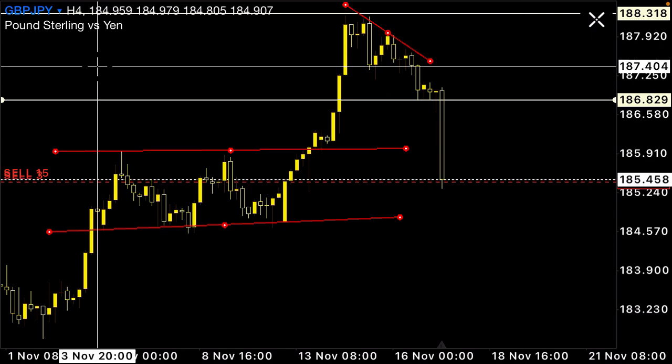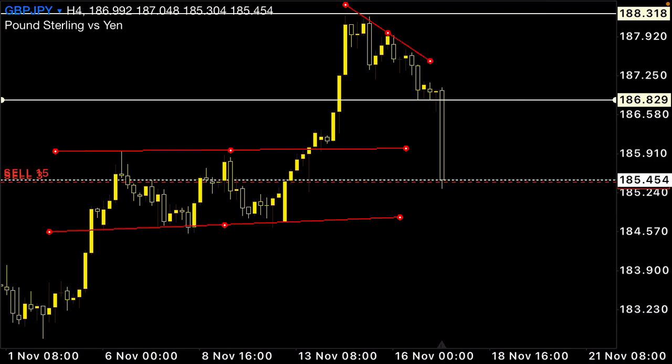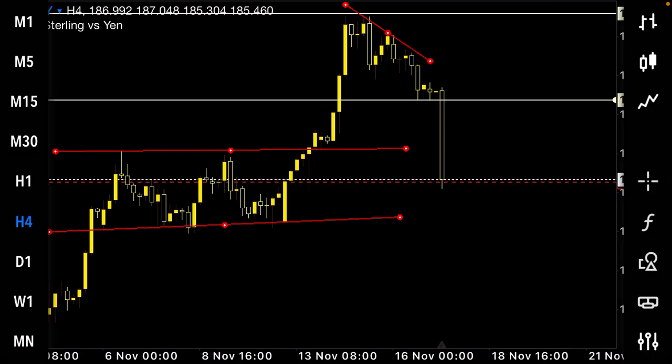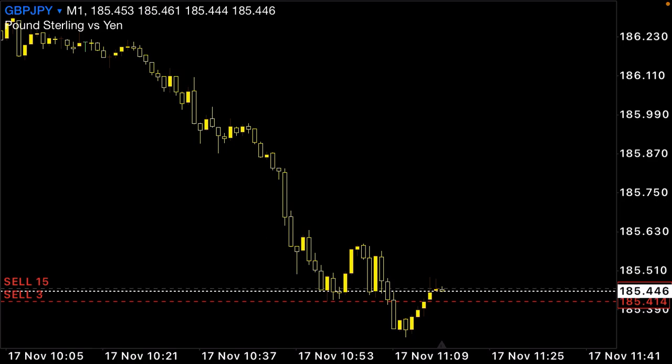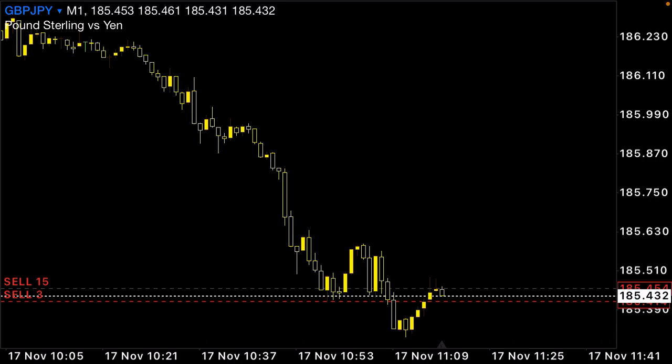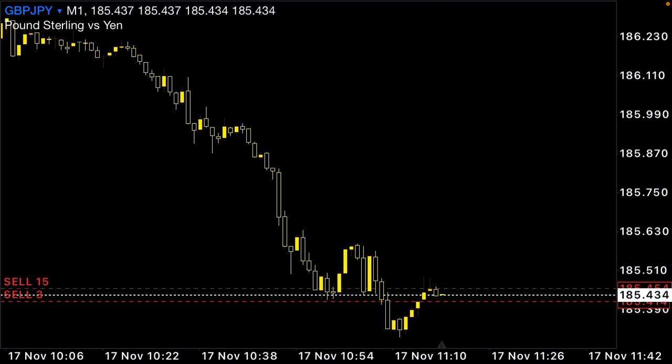Anyway, so go to the 1 minute. So there it is, and it's wanting to come back down a little bit. It's hard to tell. Yeah, there's a little black bar, so it might just. So now it's probably going to look to form what's called a double bottom.